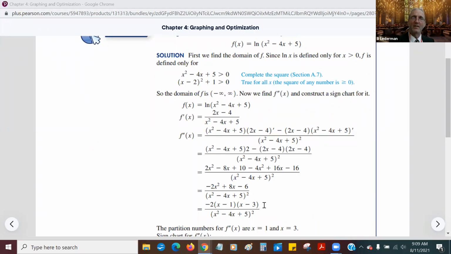Simplification for my answer. Plus, there might be times, you never know, where you're asked to find a third derivative. Well, if I have a third derivative, you definitely want to simplify my answer as much as possible. Because if I leave it like this, and now I want to take a third derivative, which means take a derivative of this, it's going to be a big unwieldy mess.